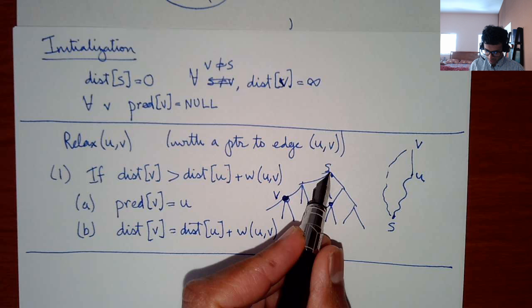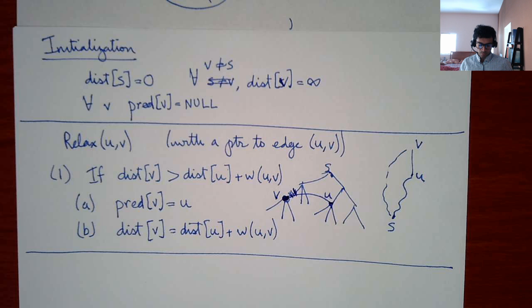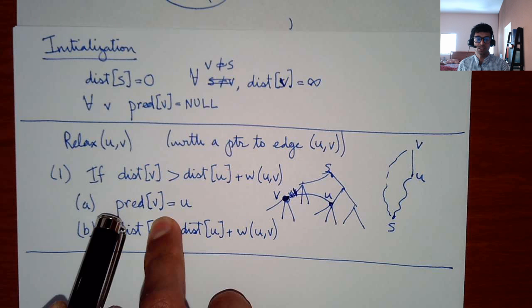Then what you do is you get rid of that part of the tree and put this edge into the tree, and everything else stays the same. So it basically replaces one edge of the shortest path tree that is maintained. That's what the predecessor is changing.